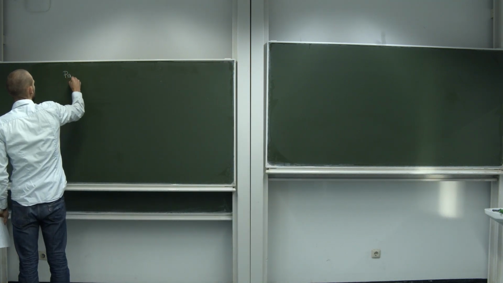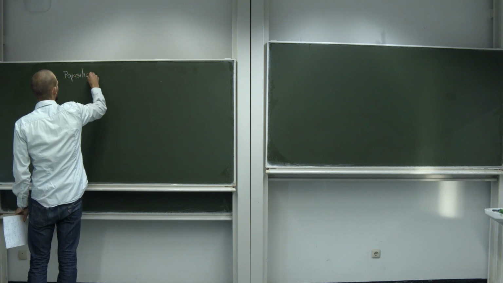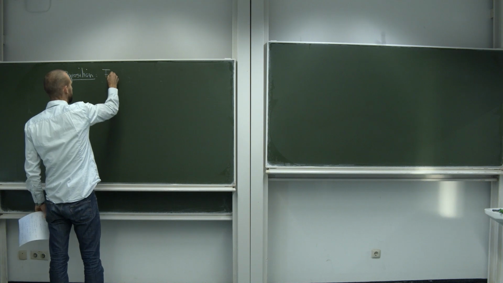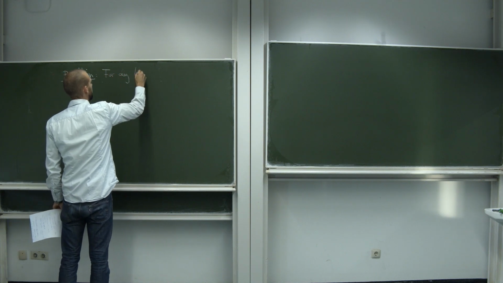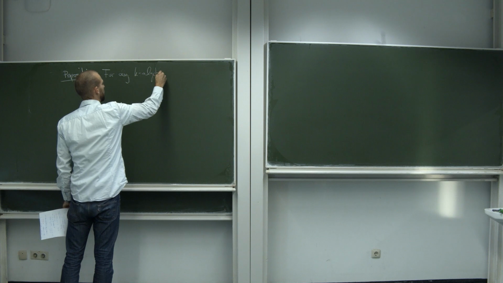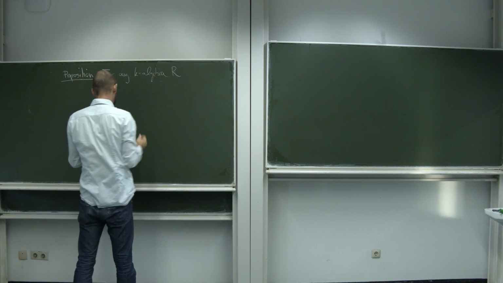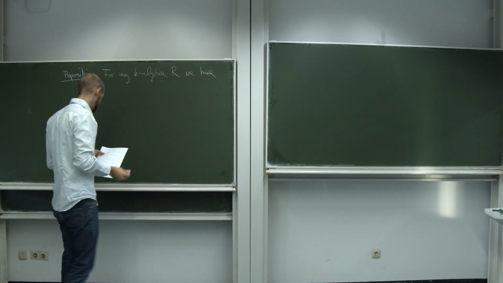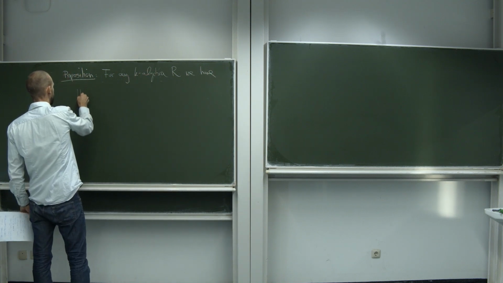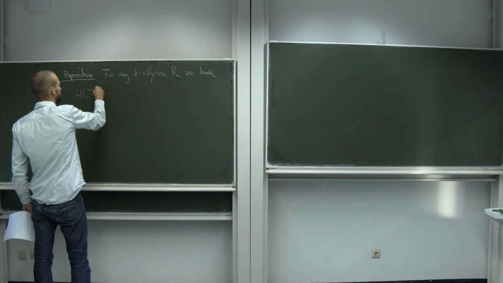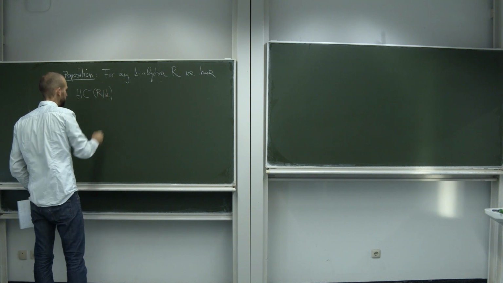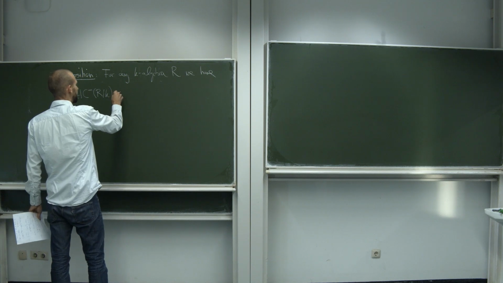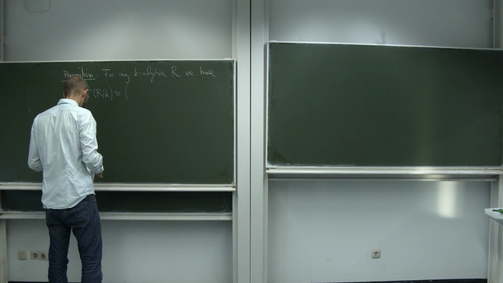Proposition: for any K algebra R, we have that the negative cyclic homology, and again here this means the negative cyclic homology complex, is quasi-isomorphic to the following complex.